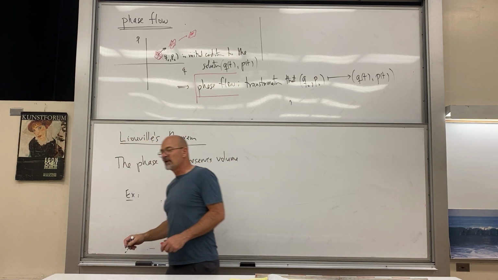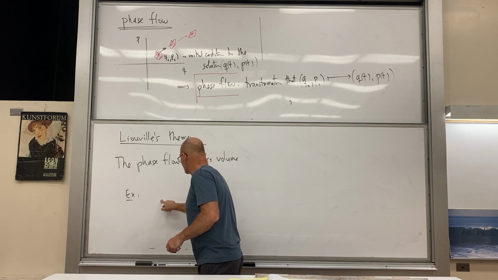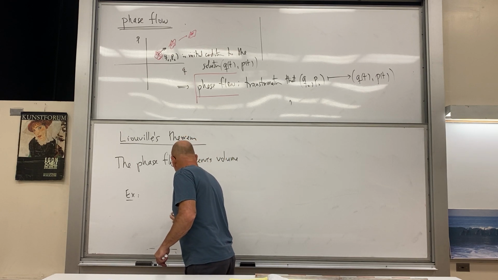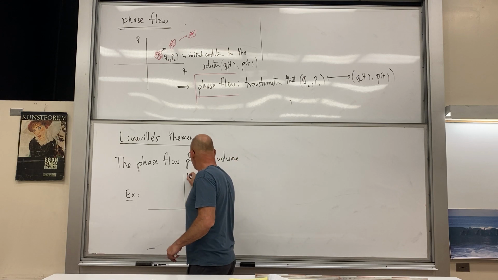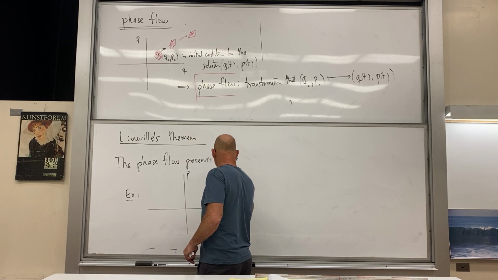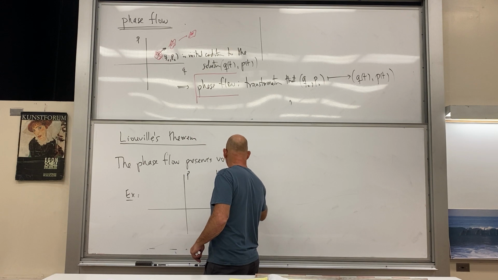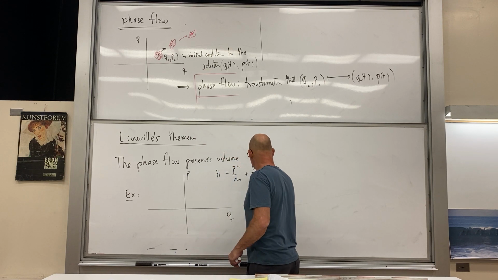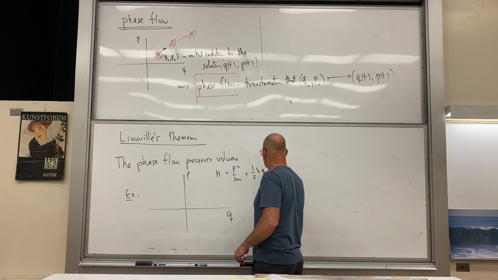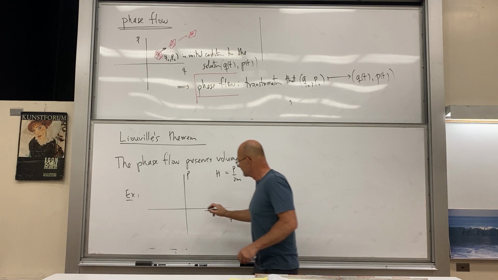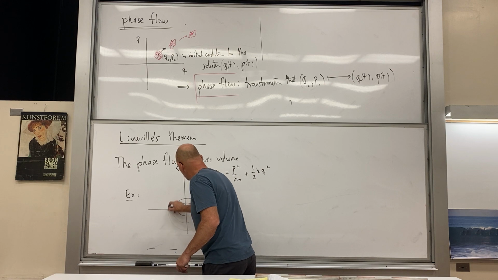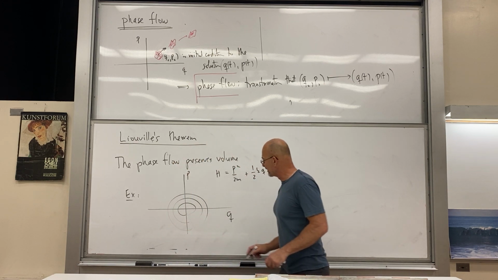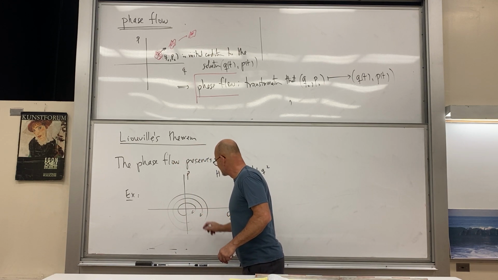Let's look at an example, the harmonic oscillator, because we own that thing. So let's imagine we've got the harmonic oscillator, Q and P, H equals P squared over 2m plus 1/2 k Q squared. And we know that for a given energy, we have these curves.